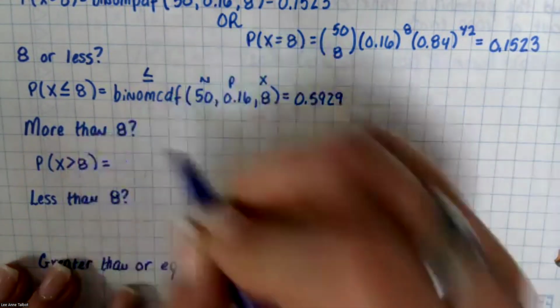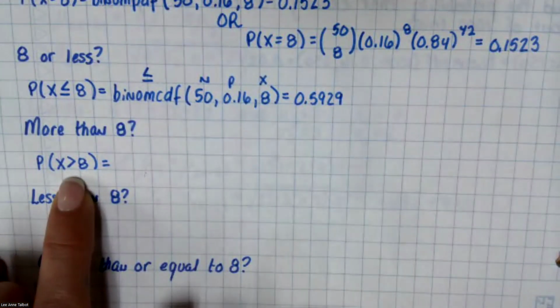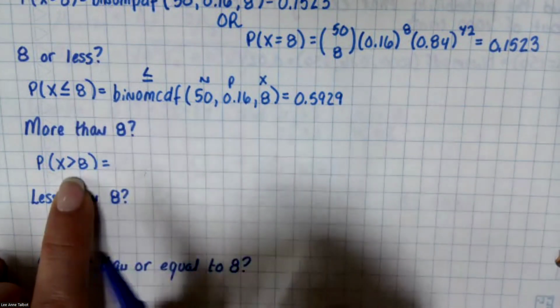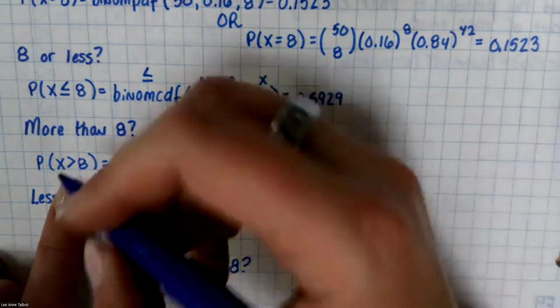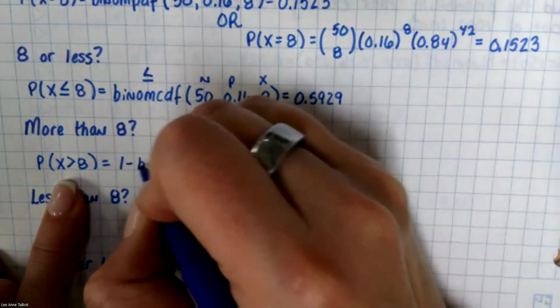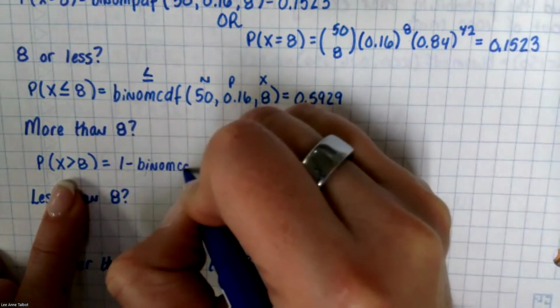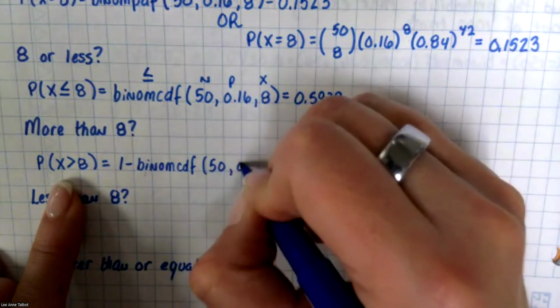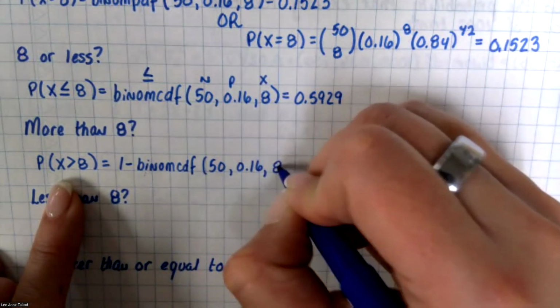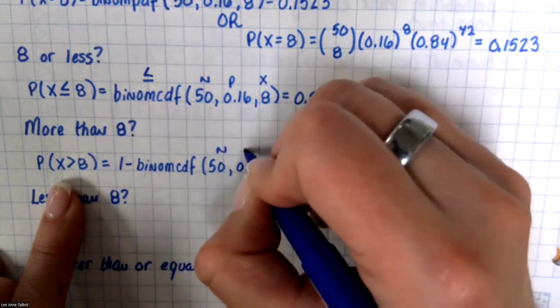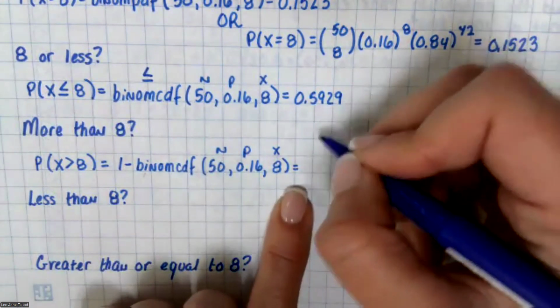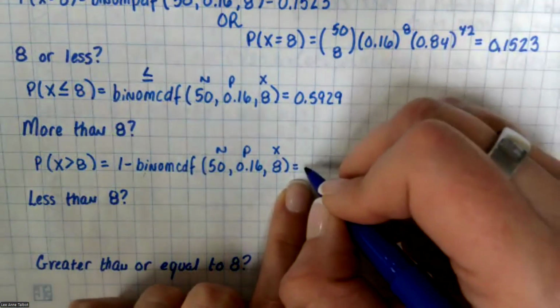Yes. Okay, this symbol indicates everything that this one is not. We call that the complement. And I don't even really need to, I can just do 100% minus this.